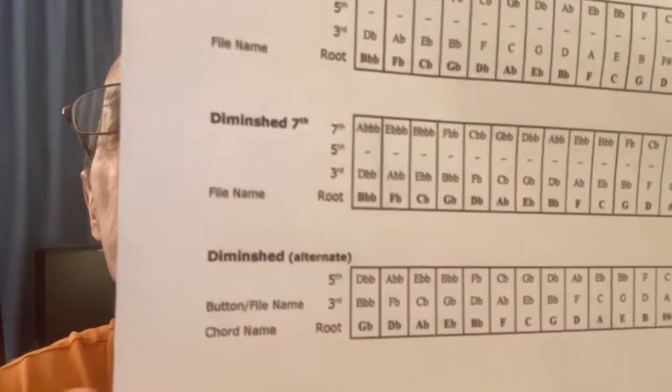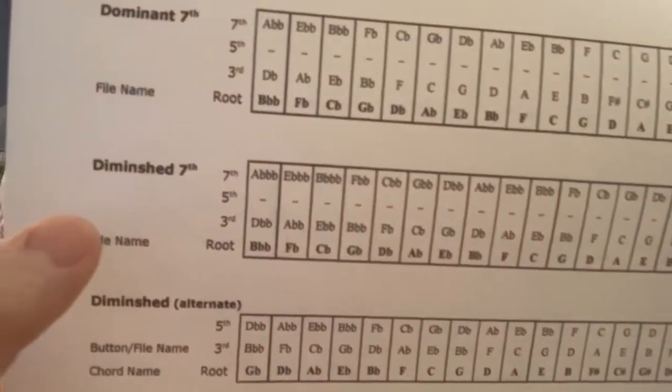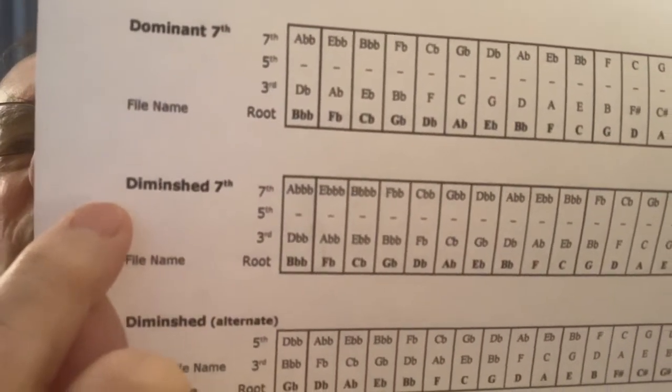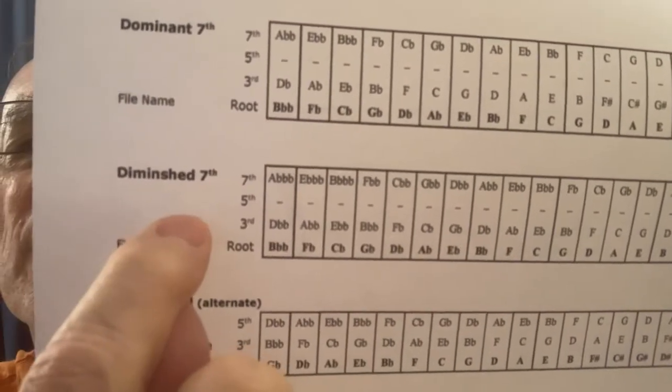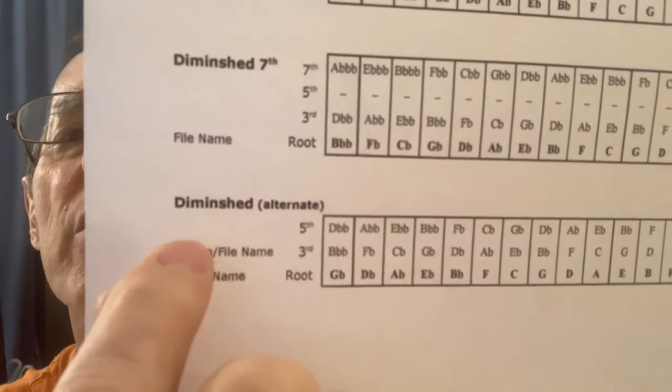And also, on the traditional chart, as I mentioned in previous videos, you'll have two different perspectives you can choose from. You'll have the diminished seventh chord button selection, or you could think of that bottom diminished rank simply and solely as a simple, plain, diminished chord.